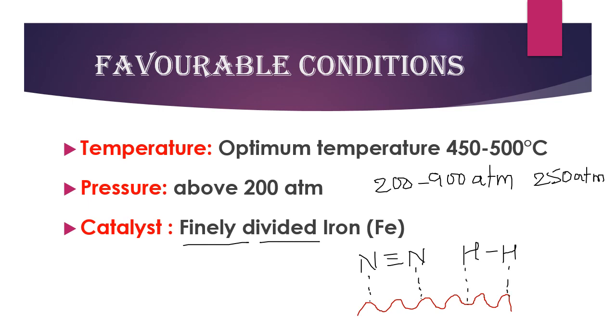Then they will interact with each other, break the existing bonds and form new bonds. This is the procedure. So to get a larger surface area, the more the surface area, the more will be the reaction. We make a fine powder of the catalyst. Okay, understood?